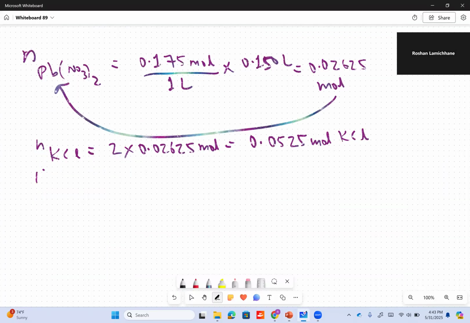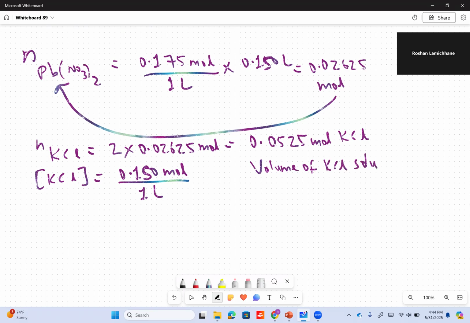For KCl, the concentration was given as 0.150 moles over liter. Now, our end goal is to figure out the volume of the KCl solution. If you want to go ahead and use the molarity formula and plug that in, be my guest, or you can do something called unit analysis.